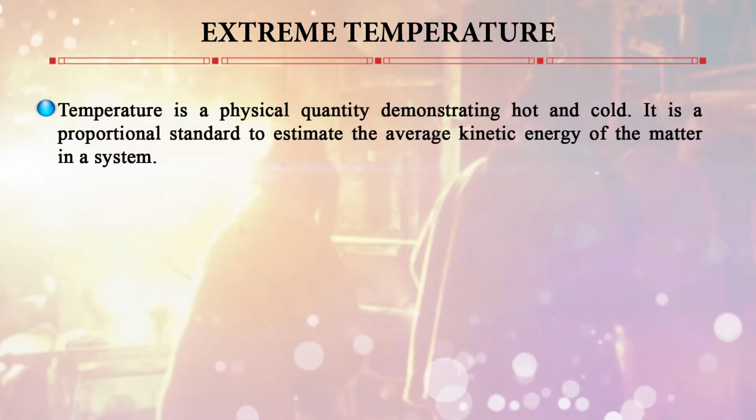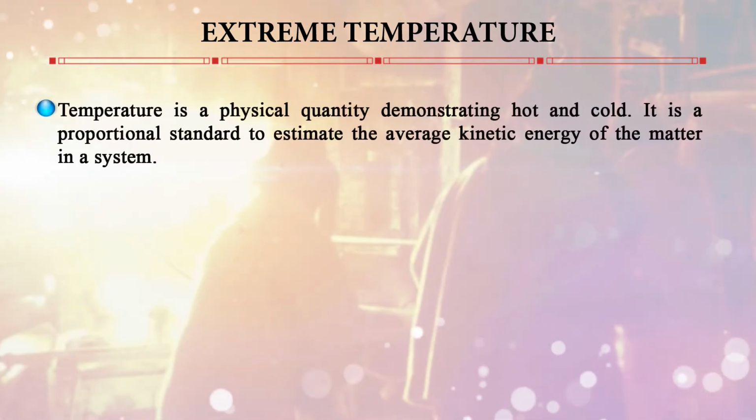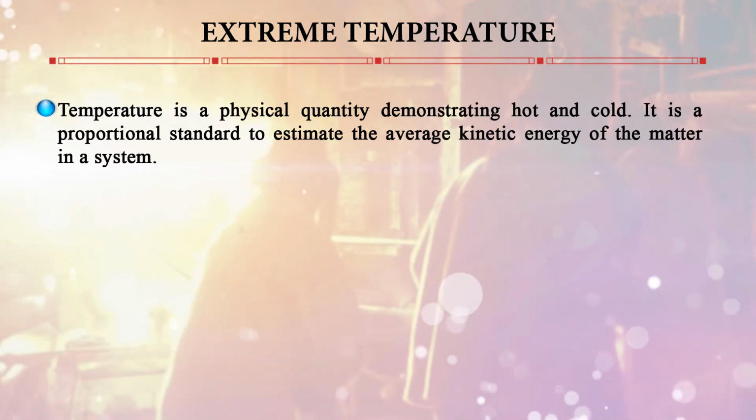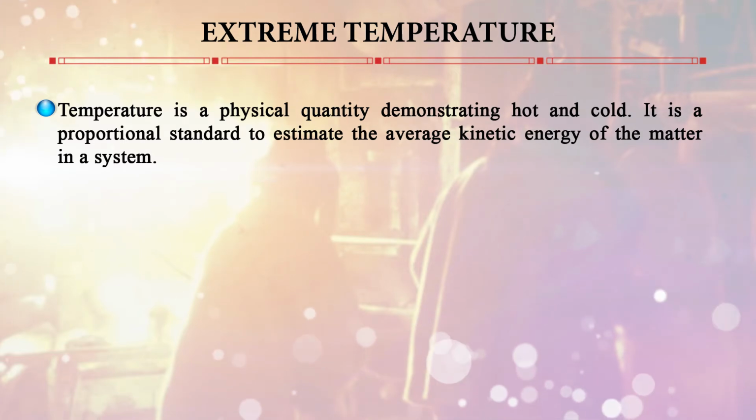First we have to learn about extreme temperature as a physical hazard. Temperature is a physical quantity that demonstrates the hotness and coldness of an object. It is a proportional standard to estimate the average kinetic energy of matter in a system.